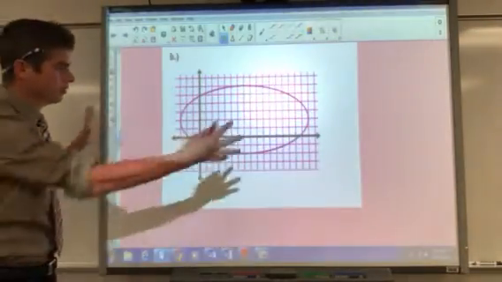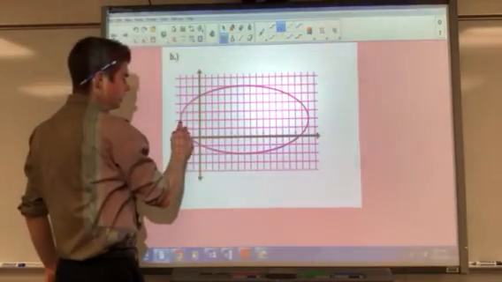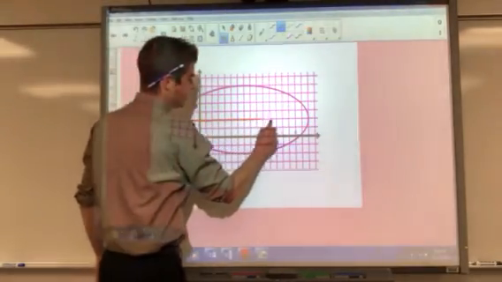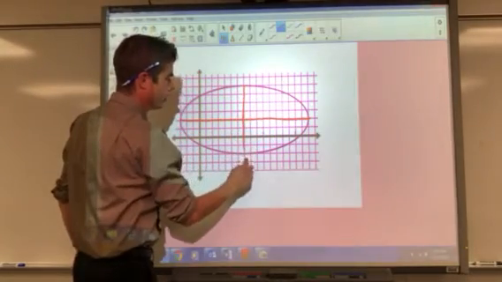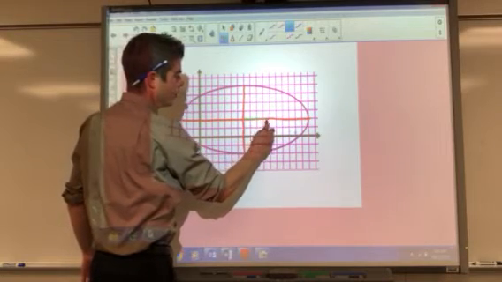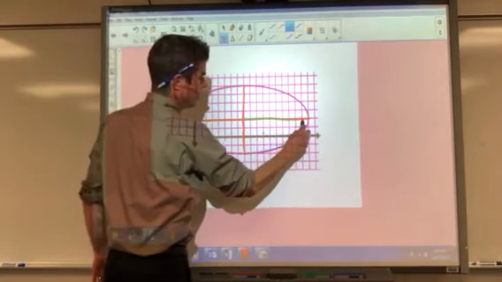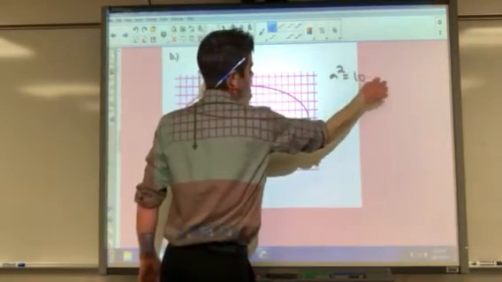Here's one more, example B. This time, again, it was more in the horizontal direction. So let's see, this would be the major axis, and the minor axis would be here. So it looks like my a value is 1, 2, 3, 4, 5, 6, 7, 8, 9, 10. So my a squared would be 100.